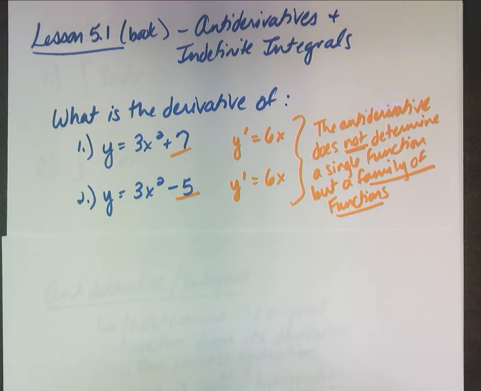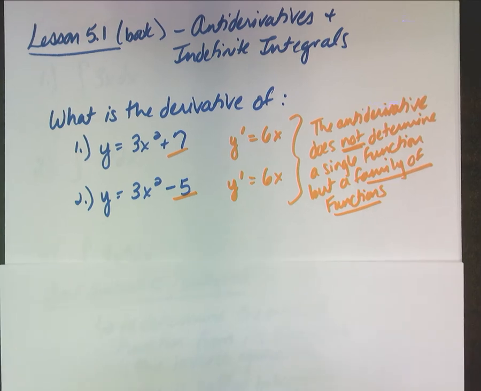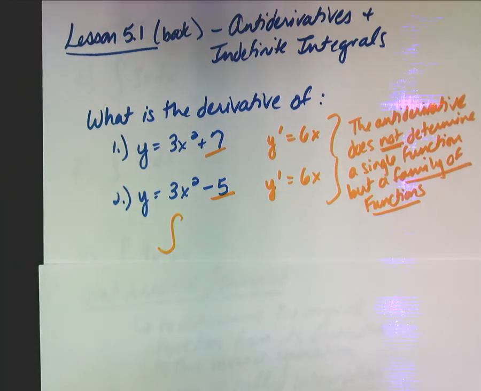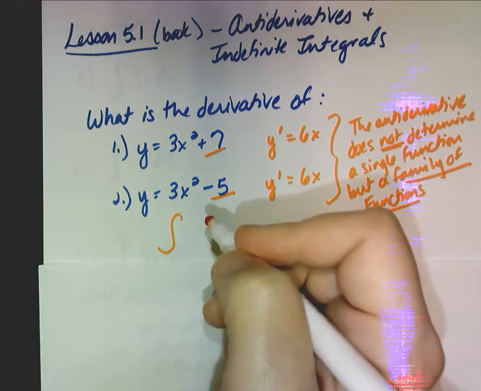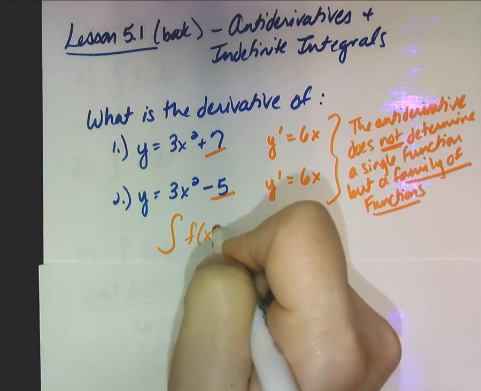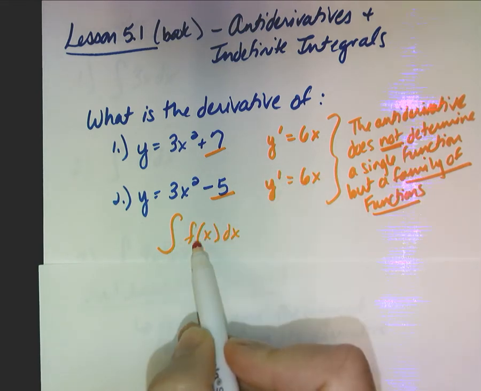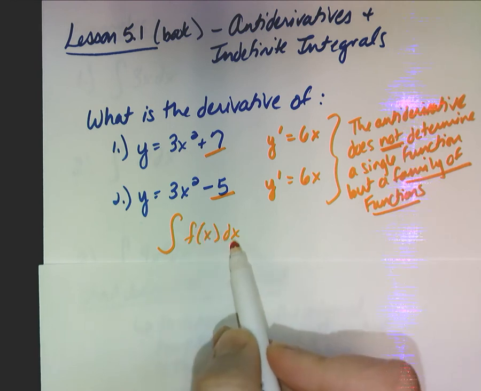So what we have to do then is when we take the antiderivative, also known as the integral, of a function, and again, remember, this is the derivative with respect to x.